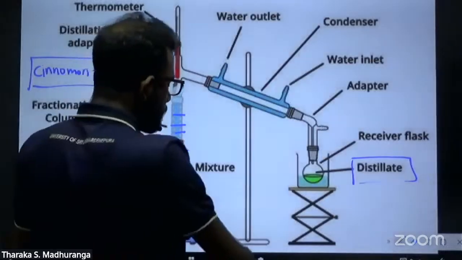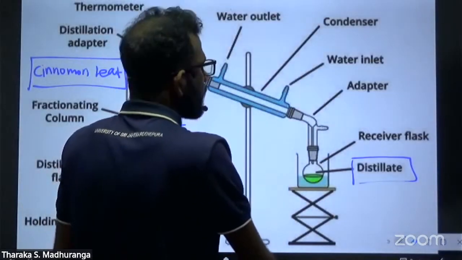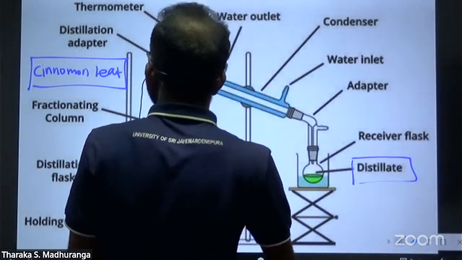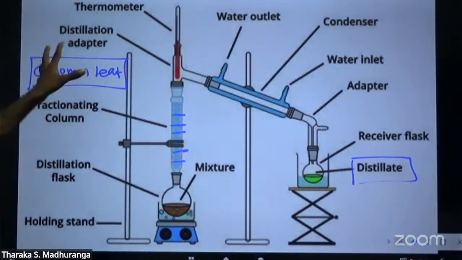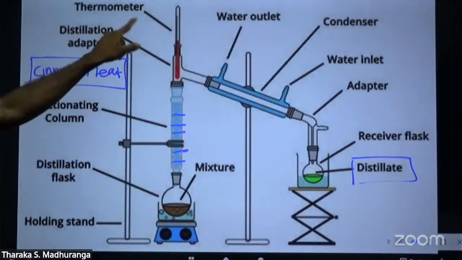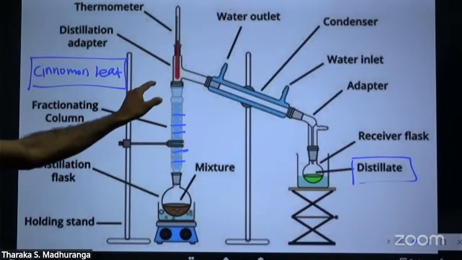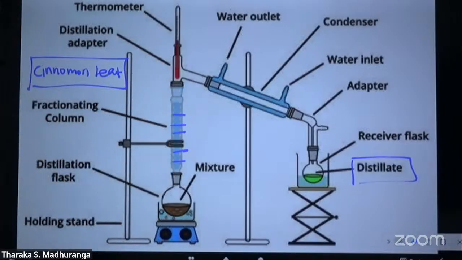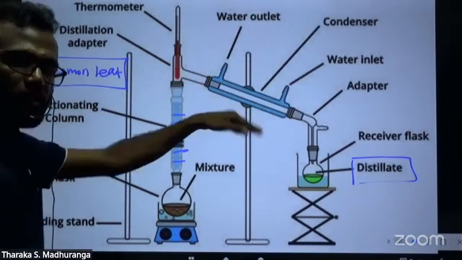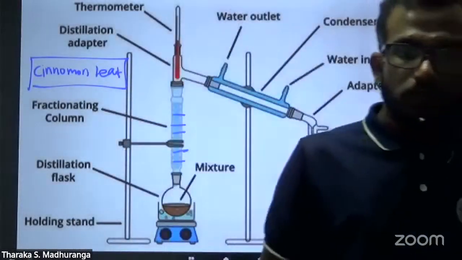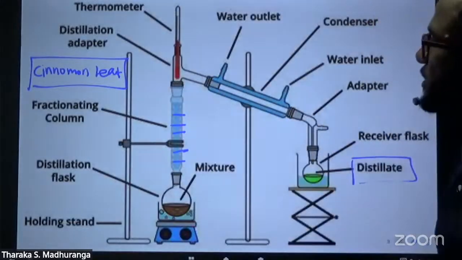Therefore, just remember the parts. This is the fractionating column. The purpose is to separate compounds that we can extract by this fractional distillation method.